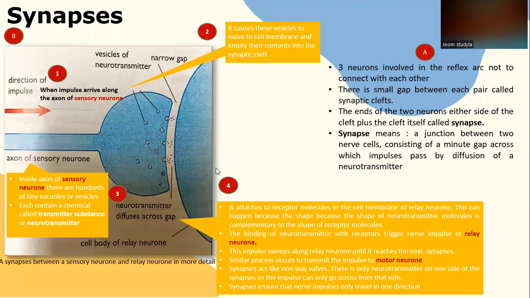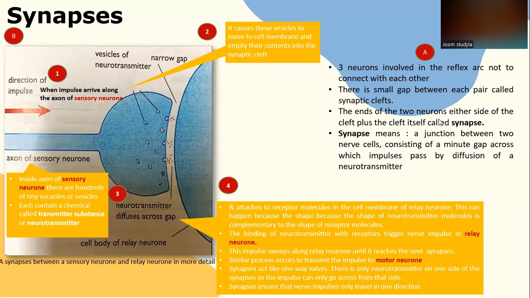Okay. Synapses. How do synapses work? The 3 neurons involved in the reflex arc do not connect with each other. There is a small gap between each pair called the synaptic cleft. This is the one.